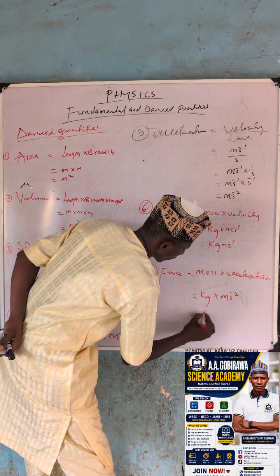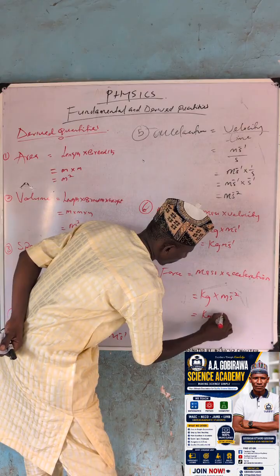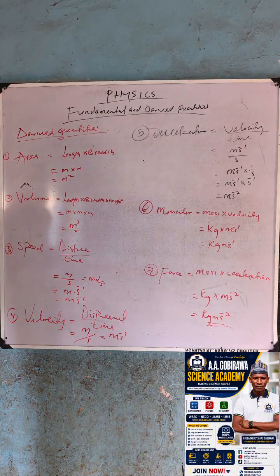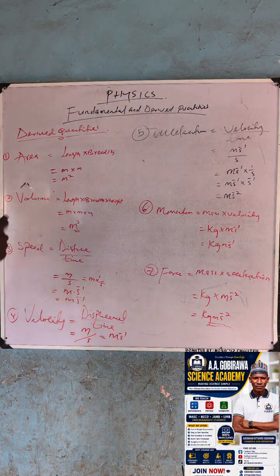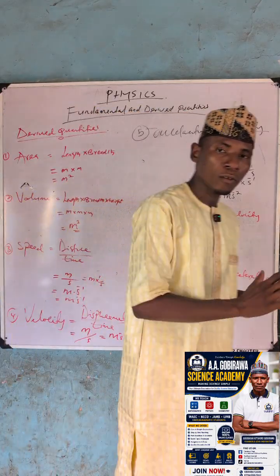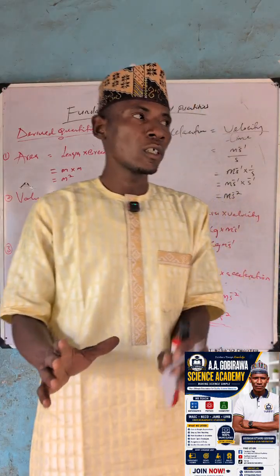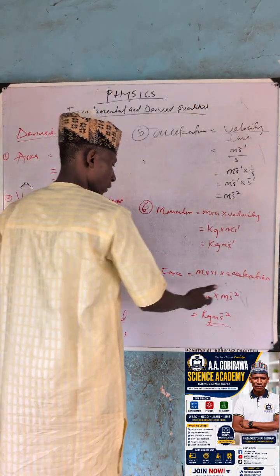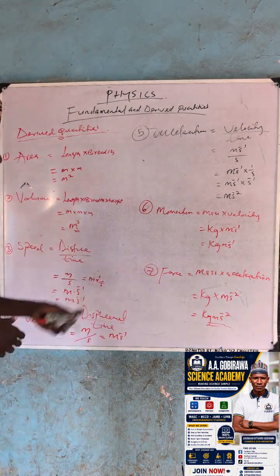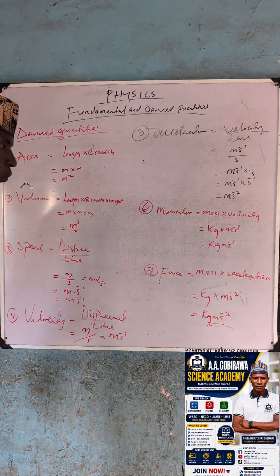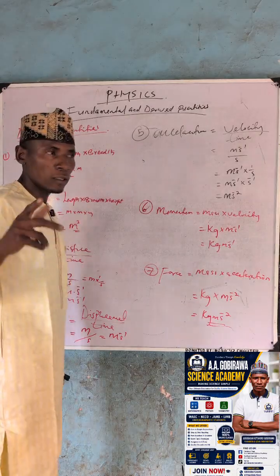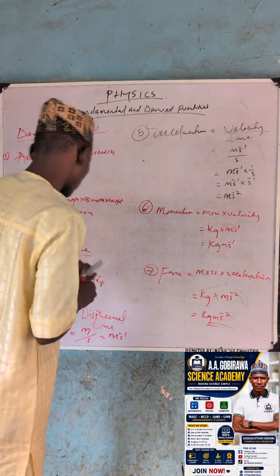So this is kilogram meter per second square. We know force is when we push an object. Force is mass multiplied by acceleration, and it gives us the unit of force: kilogram meter per second square, in terms of fundamental and derived quantities.